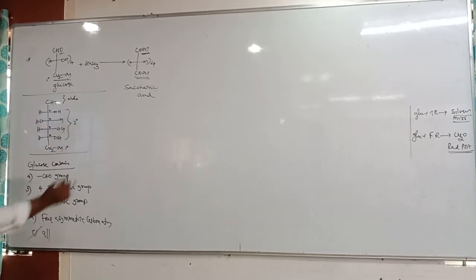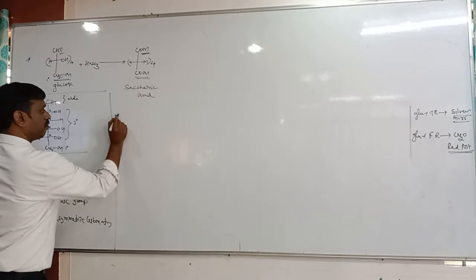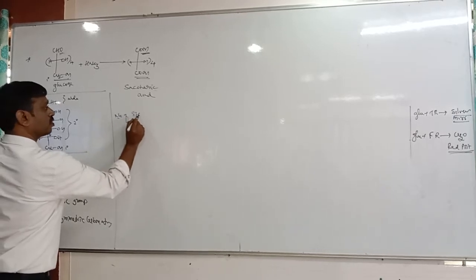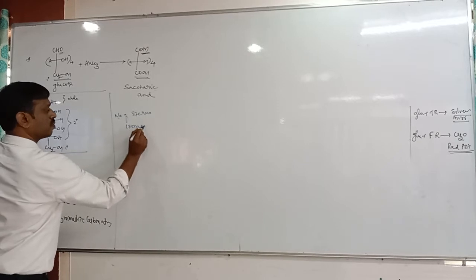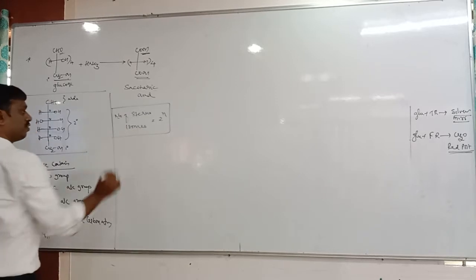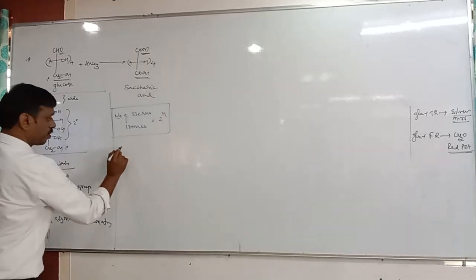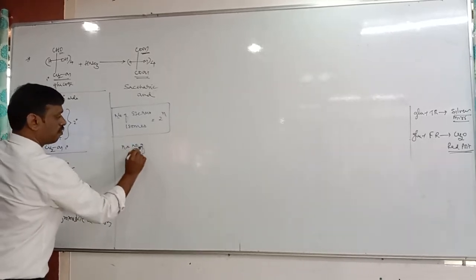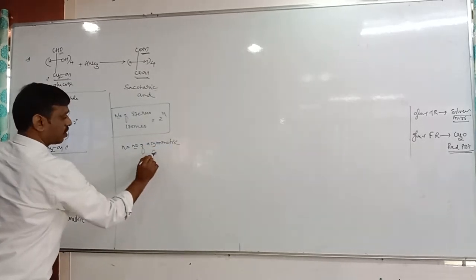If you know the number of asymmetric carbons, there is a formula to calculate the number of stereoisomers. The simple formula is number of stereoisomers equal to 2 to the power n. We will study this in first PUC organic chemistry. Where n equals the number of asymmetric carbons.